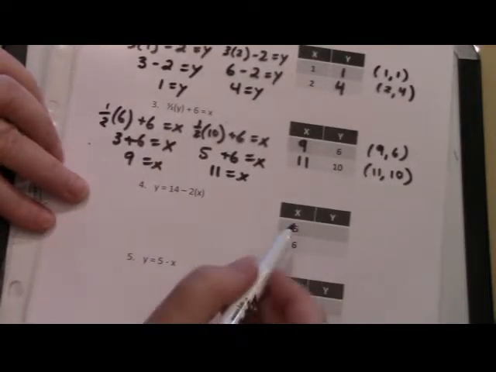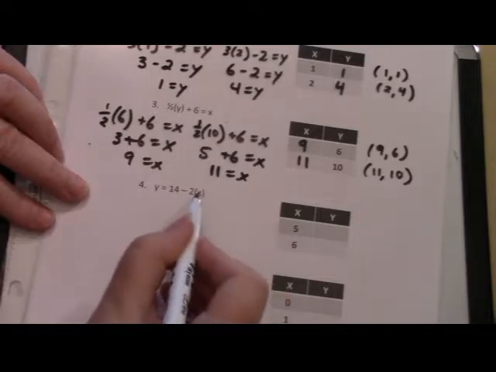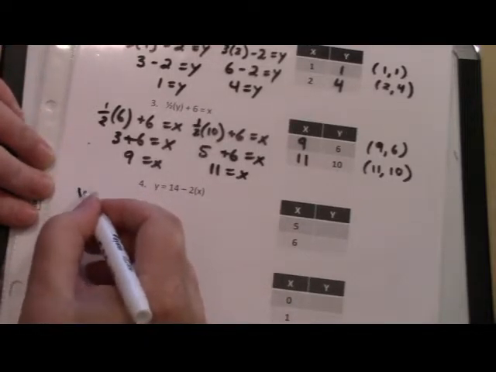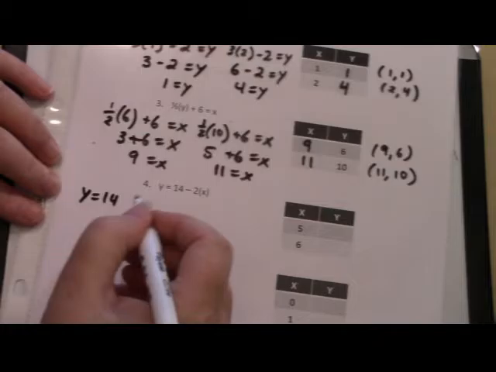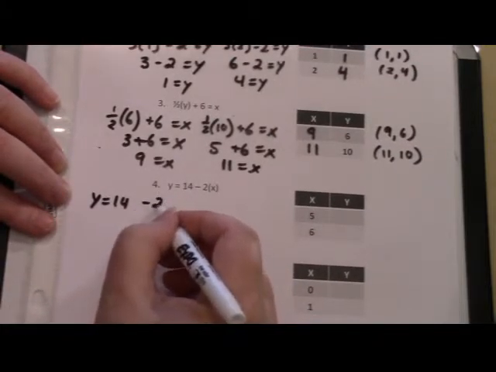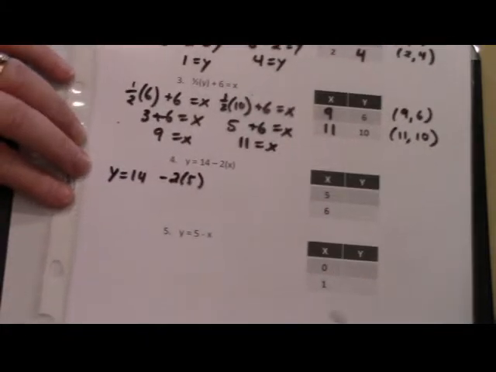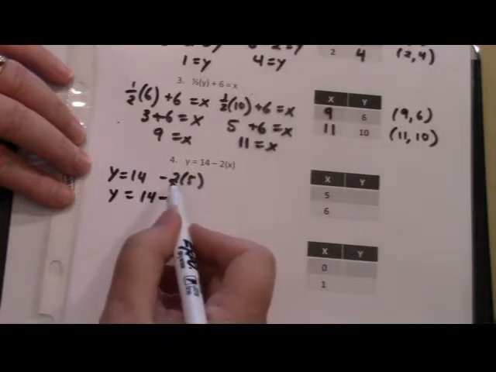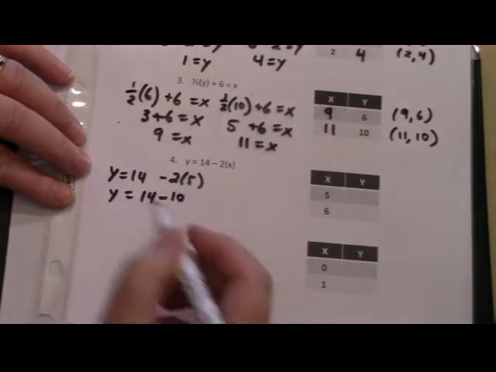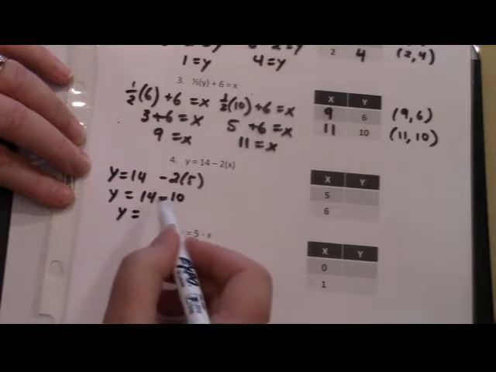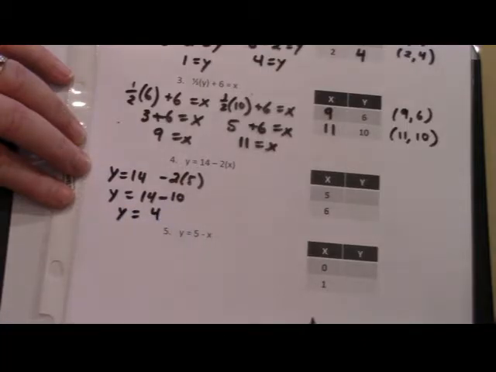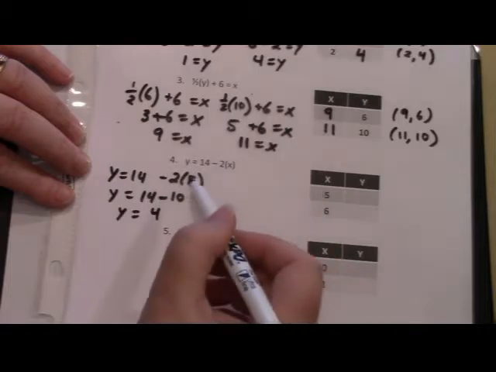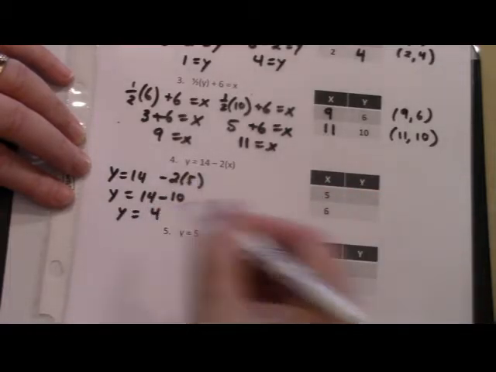Number 4, x is 5, so I'm going to put that in here. I'm going to say y equals 14 minus 2 times 5. Y equals 14 minus 2 times 5 is 10. Y equals 14 minus 10 is 4. So if x is 5, y is going to be 4.